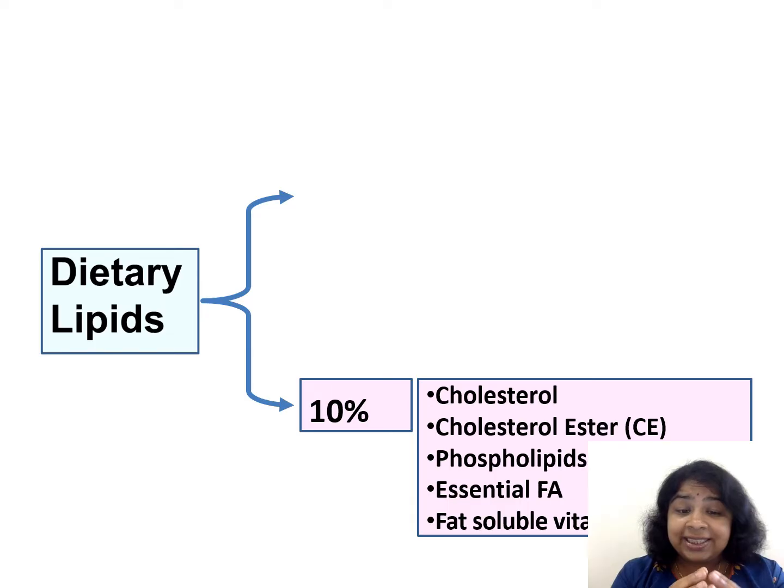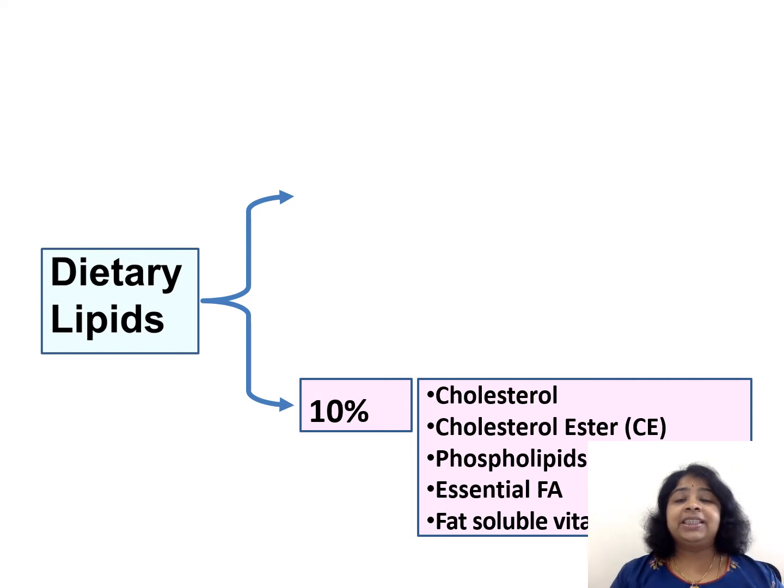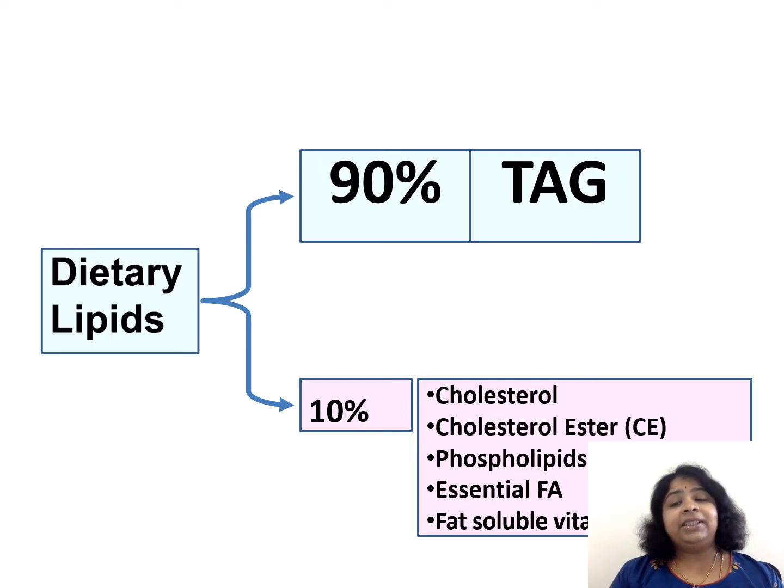So of the entire lipids that you are eating, 10% is cholesterol, cholesterol esters, phospholipids and other fatty acids. Now what is making up the rest of the 90%? 90% of what we consume is in the form of triacylglycerols.